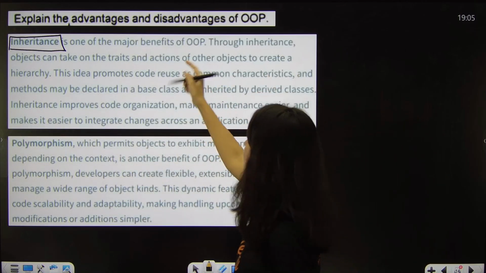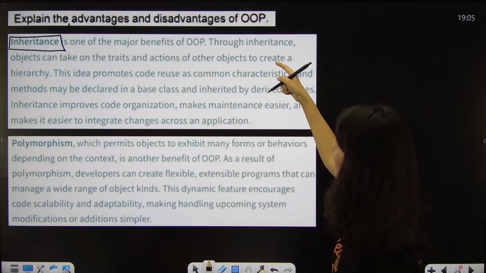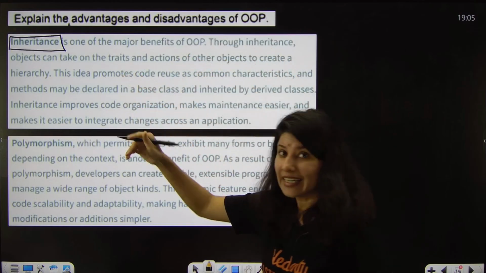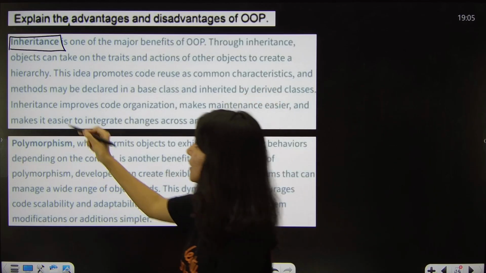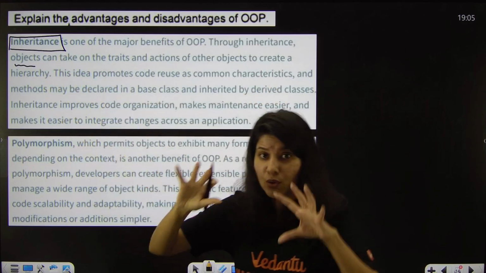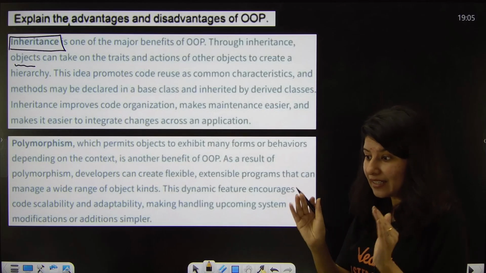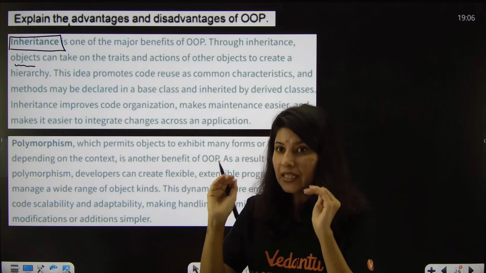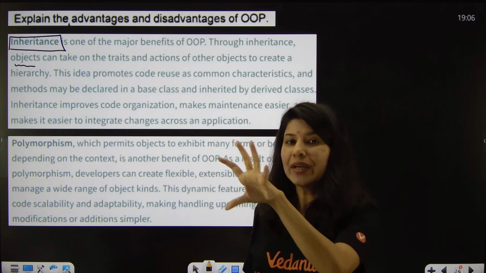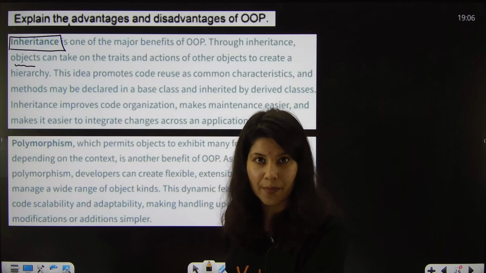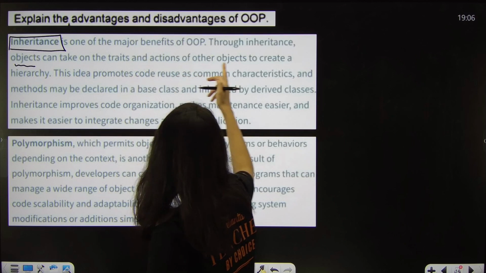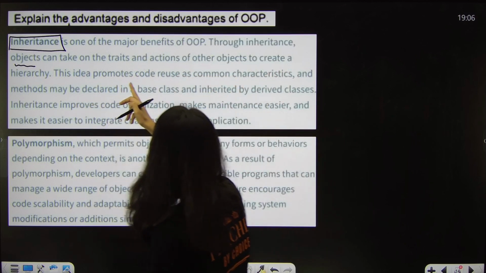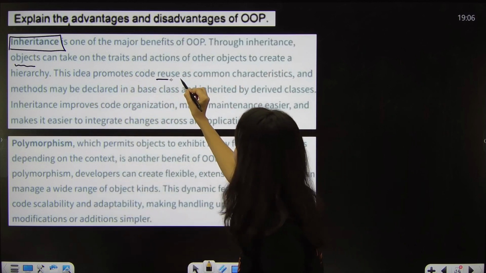Inheritance is the major benefit of object-oriented programming. Basically, if you are creating one thing, here we'll refer to it as an object. If you create one object and it has some multiple characteristics, it is solving some problem, the idea is to reuse it.